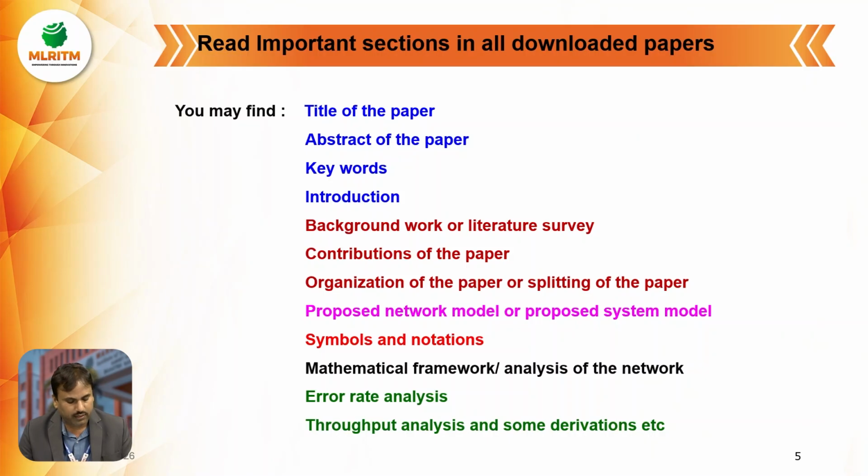These are all important sections in a published paper, because once you are able to reproduce and include new things, you need to write a paper again. That is why you need to thoroughly study these headings, and also write a paper with these headings.